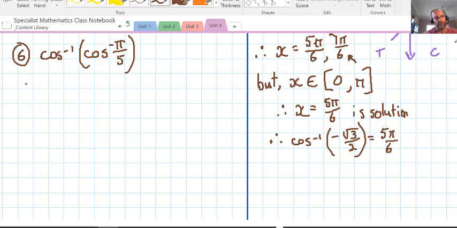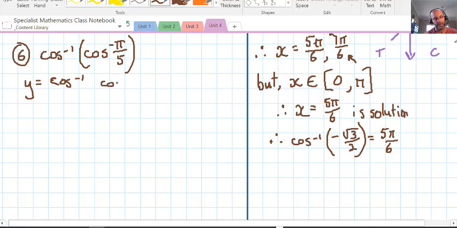Okay, example number 6. So if we've got inverse cos of negative pi on 5, you might think, ooh, negative pi on 5, I don't come across that very much, but let's hang in there. And so let y equal the expression given. Again, use x, use y, whatever. I'm just deliberately alternating between the two of them to show you that it's the reasoning that counts.